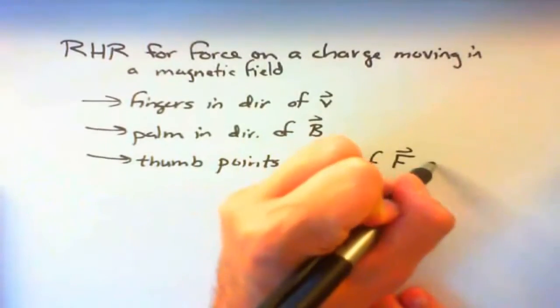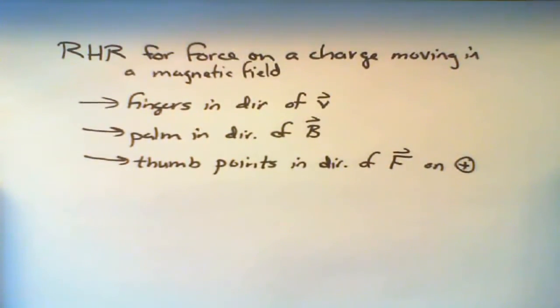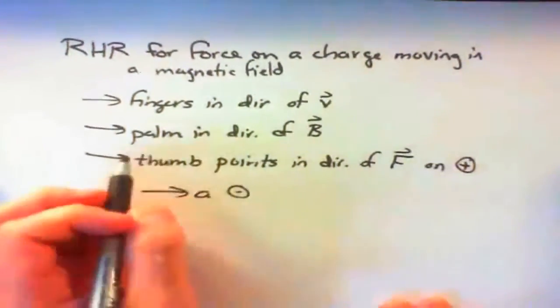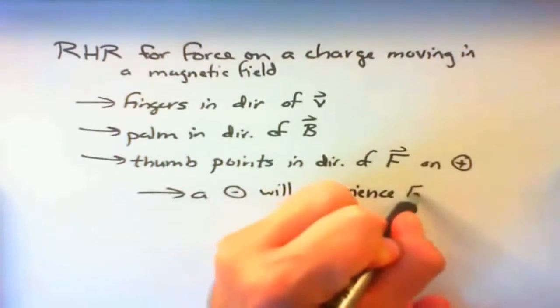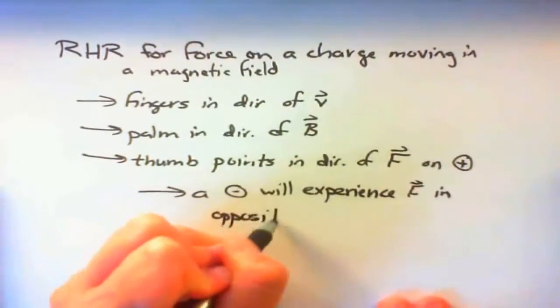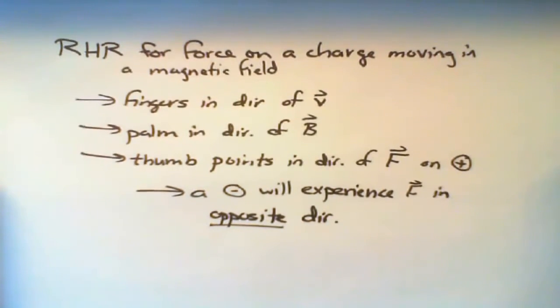If you have a negative charge, you have to flip your answer. The force is in the opposite direction as what's given by the right-hand rule. I know that can get frustrating. I wish I could rewrite the rules of the universe to make it easier, but they don't let me. I'm sorry. But let's do a couple examples.